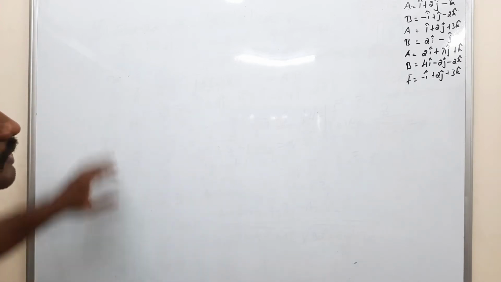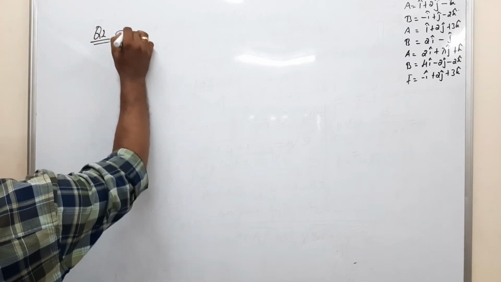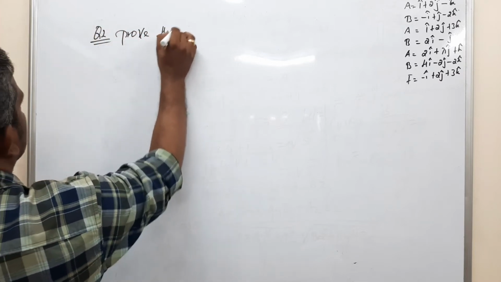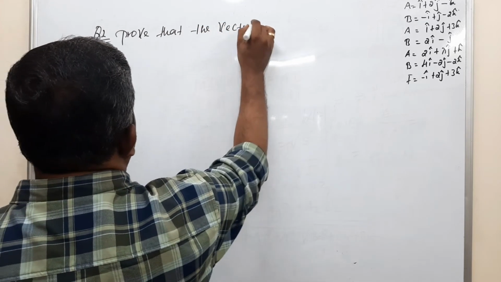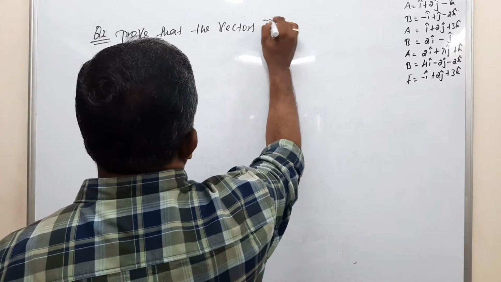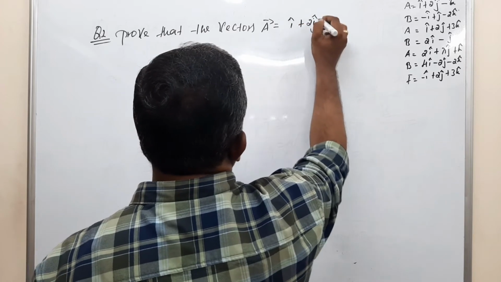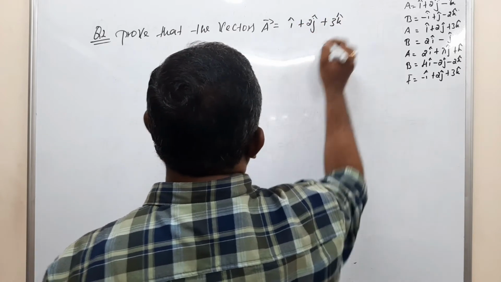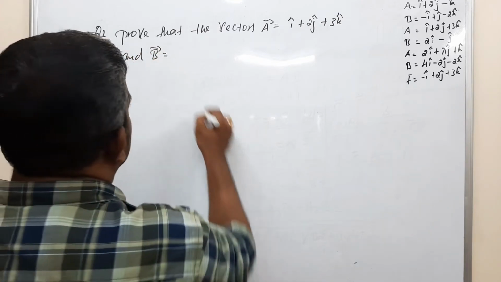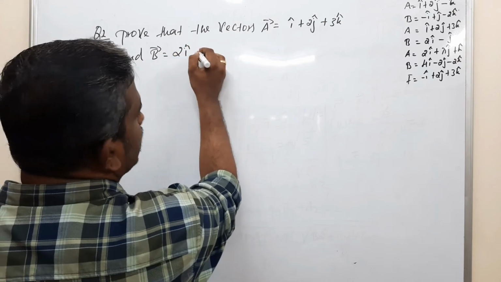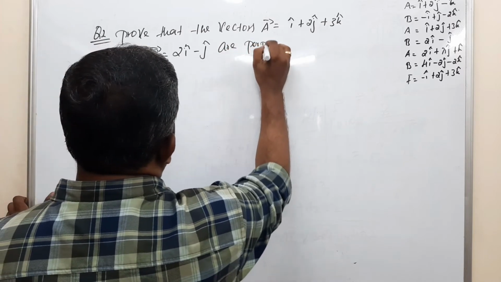So question 2, second question: prove that the vectors A vector is equal to I cap plus 2j cap plus 3k cap and B vector is equal to 2I cap minus j cap are perpendicular.